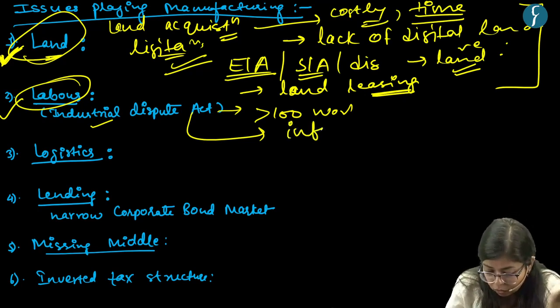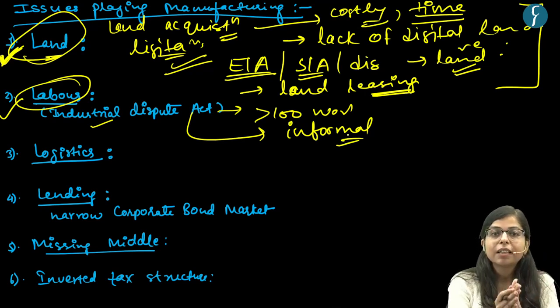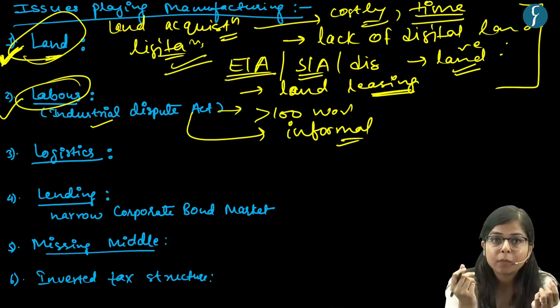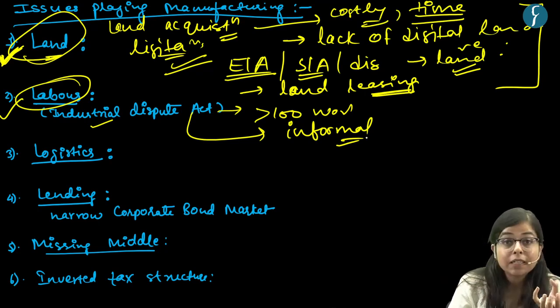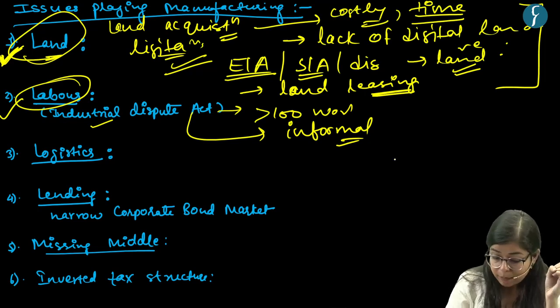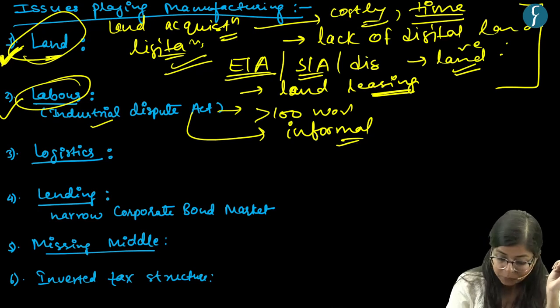They would rather go into informal contracts, right? Also, around 85 to 90% of Indian people are employed in the informal sector. This is also one of the reasons why, because of these rigid labor laws in the country, many companies prefer to go into informal contracts, right?